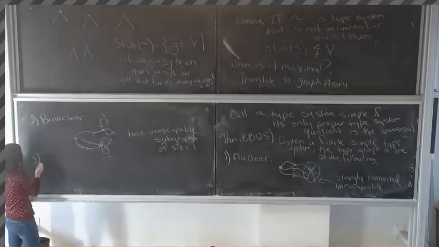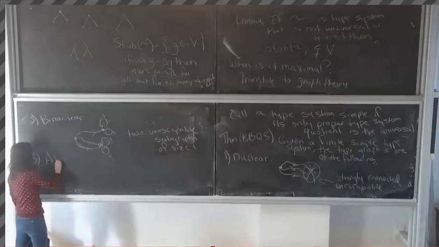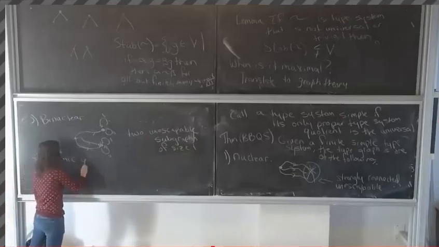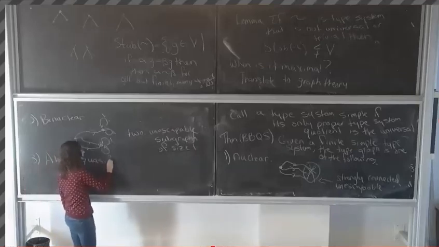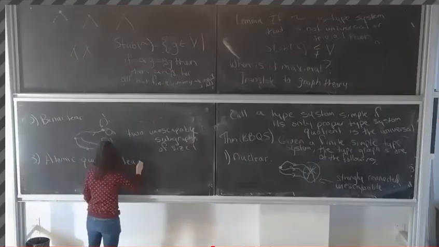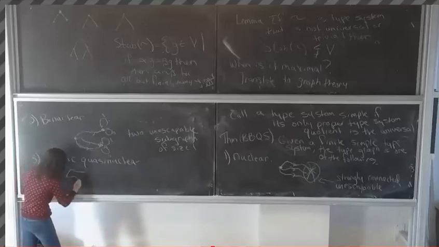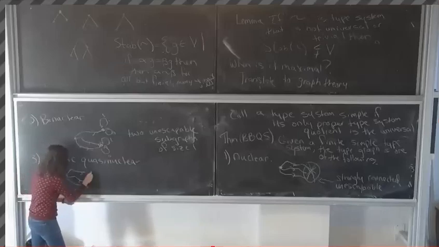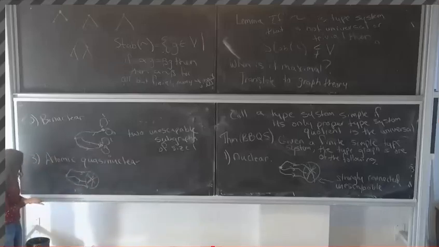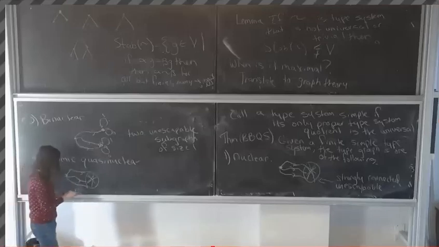And 3 is what we call atomic quasi-nuclear. Similarly, we have our starting vertex, and some finite amount of time before we end up in some strongly connected portion. But this time, the strongly connected portion is not necessarily inescapable.